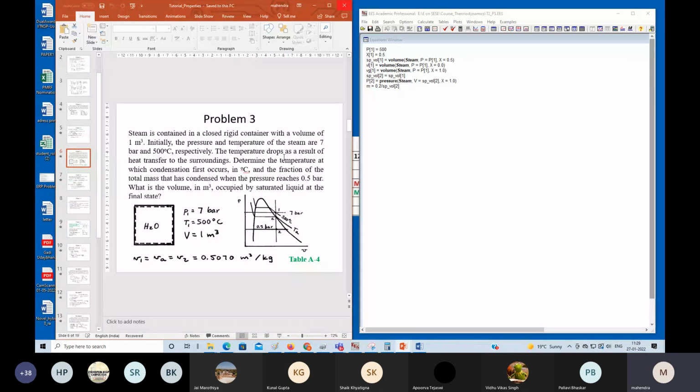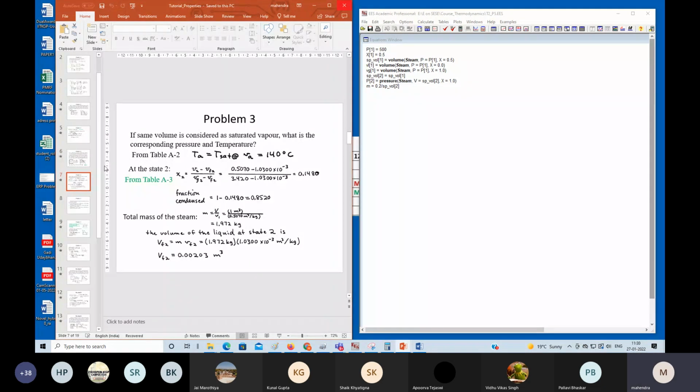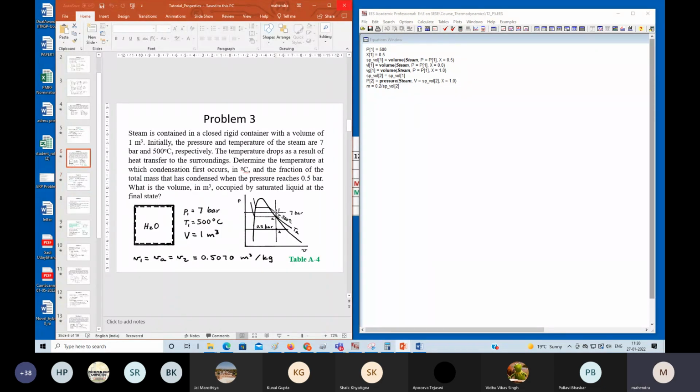So X1 data is given. For X2, only pressure is given, so we have to calculate with respect to temperature. Accordingly, we assume the specific volume at A equals the specific volume at 2.